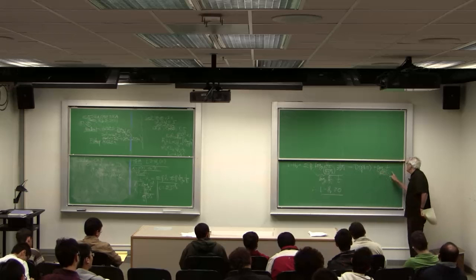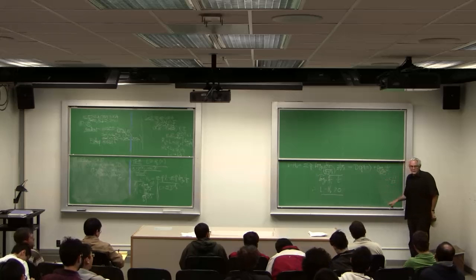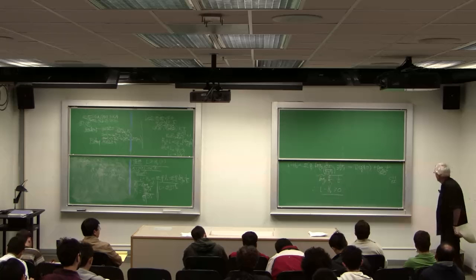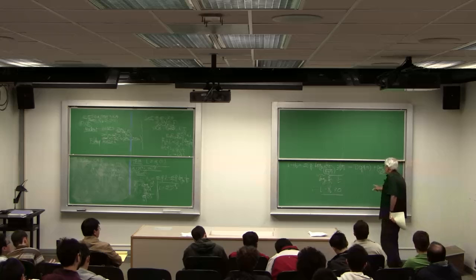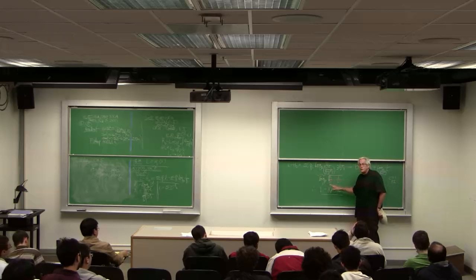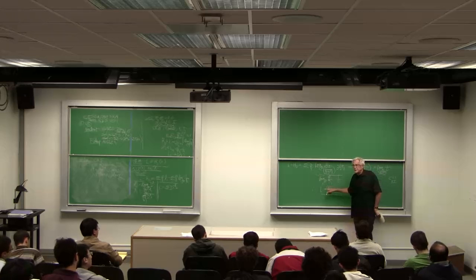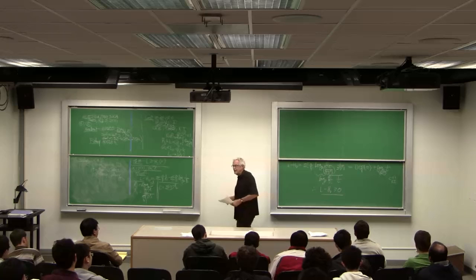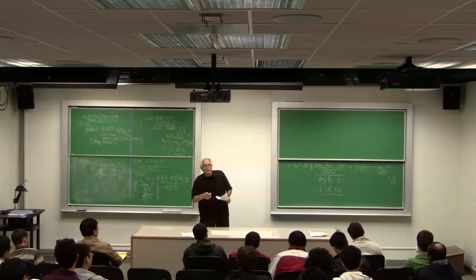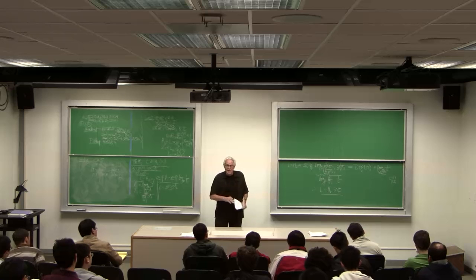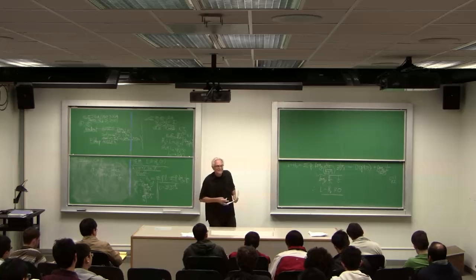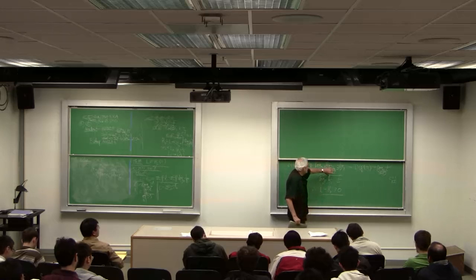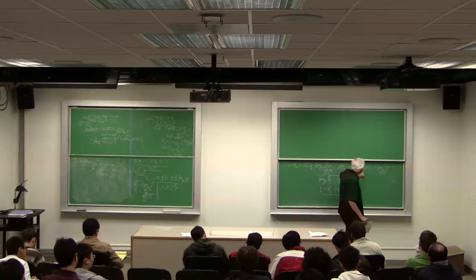With equality if and only if Kraft's inequality is satisfied with equality, and if and only if p_i equals r_i. But as I mentioned, the r_i's are of the form a half, a fourth, an eighth, a sixteenth, and so on. So there are only special distributions P, the so-called D-adic distributions, for which you can have equality here. All right.